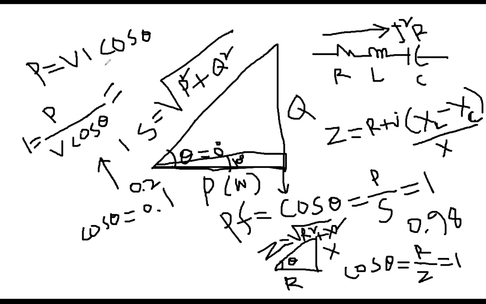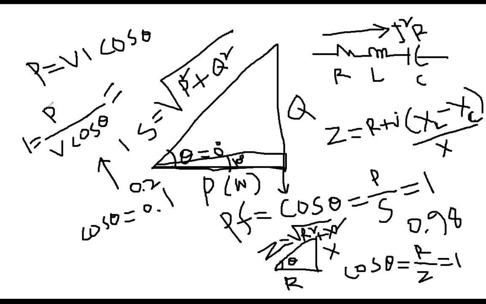Everybody, could you understand what I explained? I am explaining why you need to improve the power factor. Why is a lower power factor value not helpful? Why does it have a negative impact?